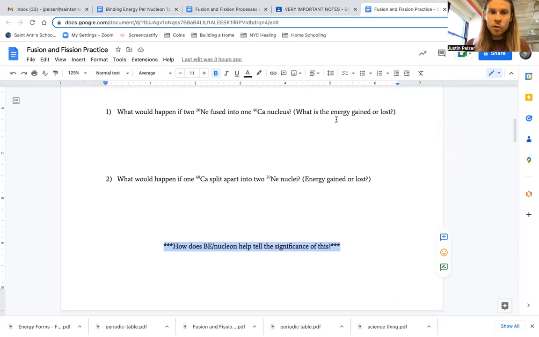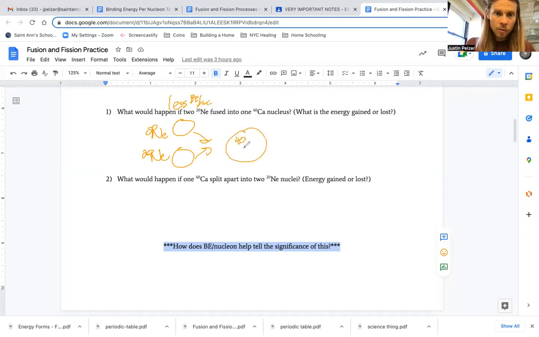So what would happen if two neons fused into a calcium? Well, I look at the binding energy per nucleon. I notice that the neons, 20, that's 10 protons, 10 neutrons, are less bound, less binding energy per nucleon. And the calcium is more bound.